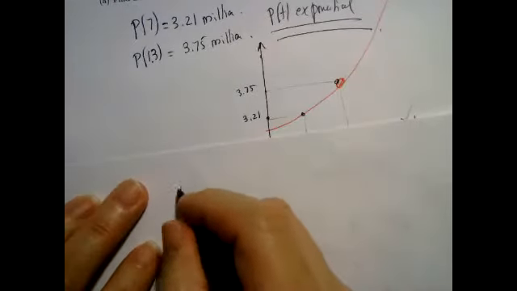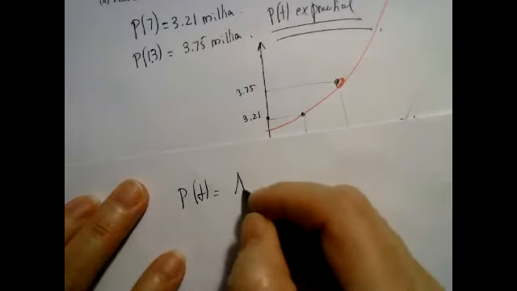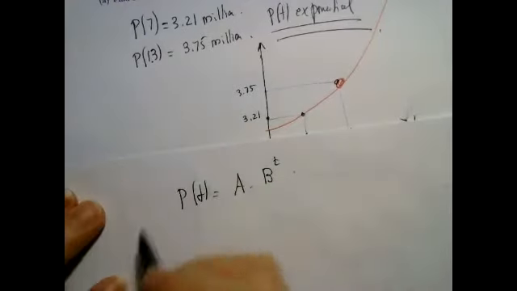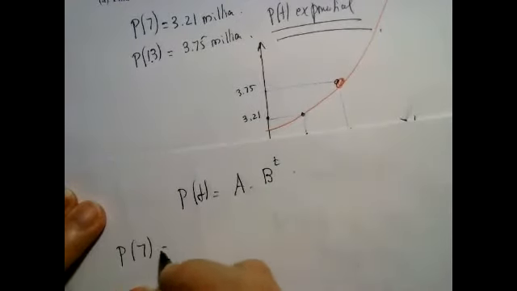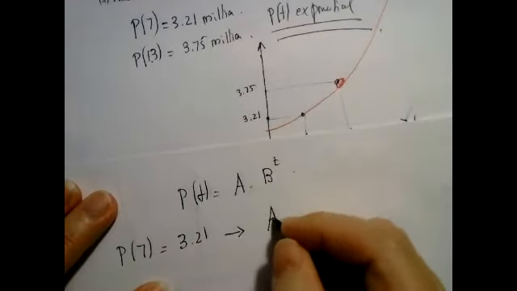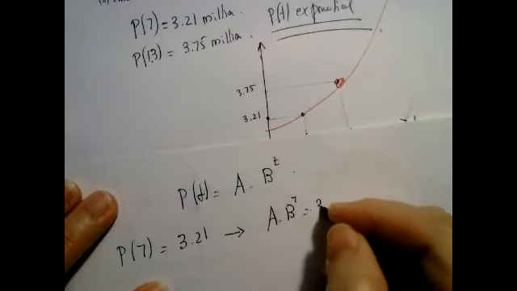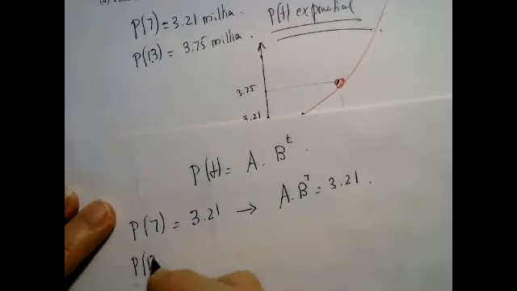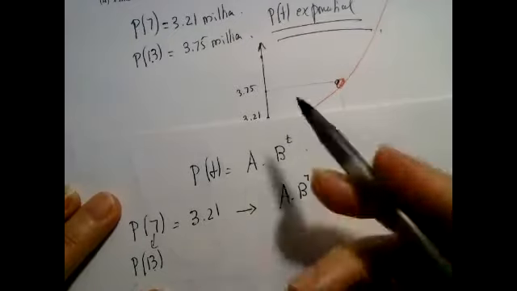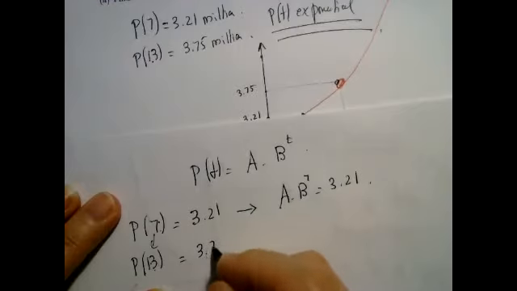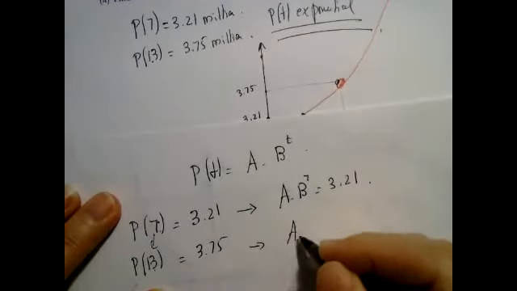So we know that the population is following the pattern A times B to the T. Now I make use of the data. A times B to the 7 equals 3.21. It means if I plug in 7 for T, I get 3.21. And then after 13 years, I mean in 2003, 6 years after 7, the population is 3.75 million.